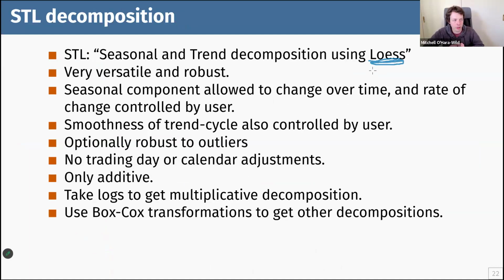LOESS stands for localized regression. And if you remember, a regression is an additive model. And so that's why this model only works for additive time series. But fortunately, we know how to get a multiplicative pattern converted into an additive pattern. And we do this using a log transformation or a Box-Cox transformation that we'd just seen.